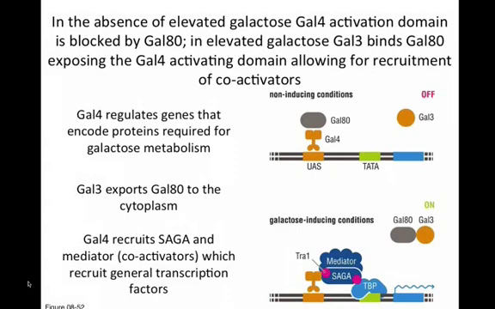Don't worry about what it's called. And so normally when there's no galactose, this GAL80 is binding and preventing activation, okay? And so when galactose is present, and this is a unique mechanism, but it's kind of cool, then GAL3 is going to come and bind to GAL80, and it binds more strongly, so it's going to remove it from GAL4, and so now GAL4 is available to interact with these other proteins, one of which is mediator, and another is SAGA.